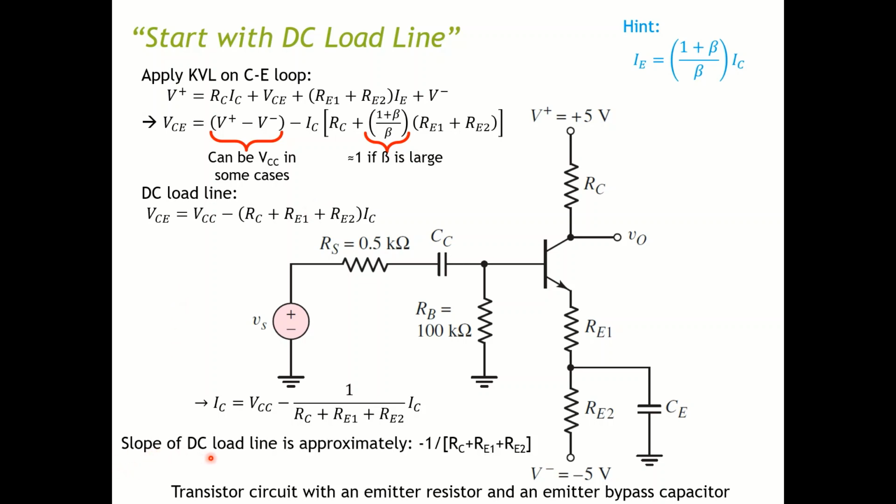So you can have the slope of the DC load line to be approximately -1 over (RC + RE1 + RE2). The reason why I say approximately is because of this approximation.